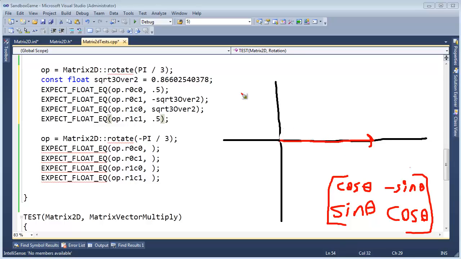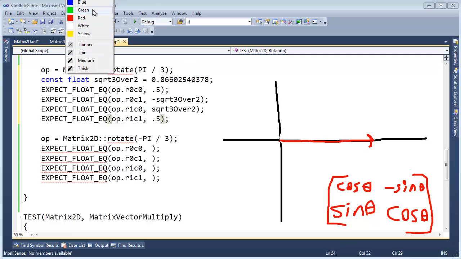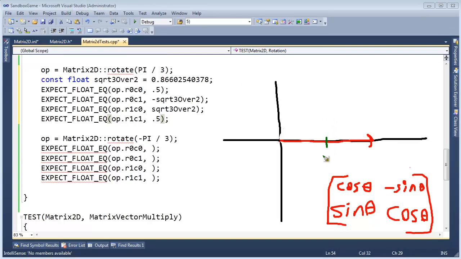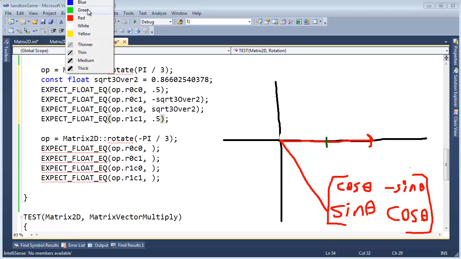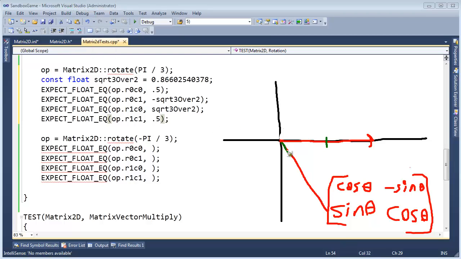And then we know we're going to go to 0.5, and then it's root 3 over 2, which will give us something similar to this. Something like this.